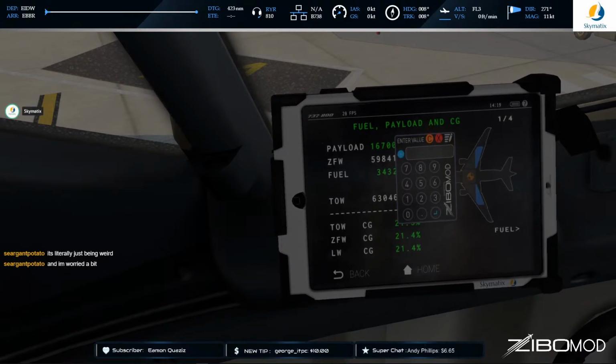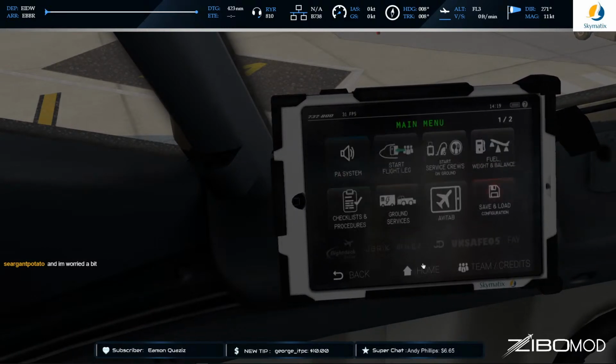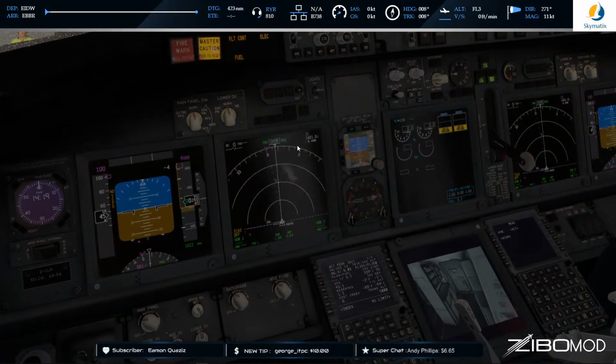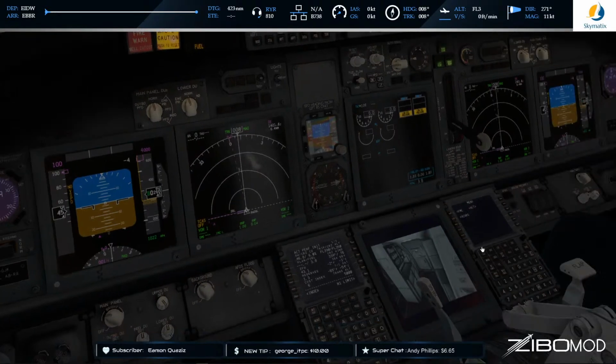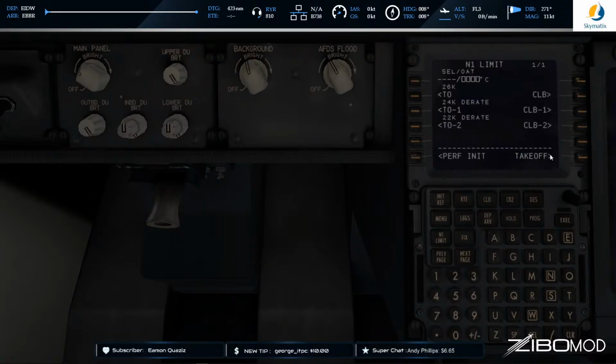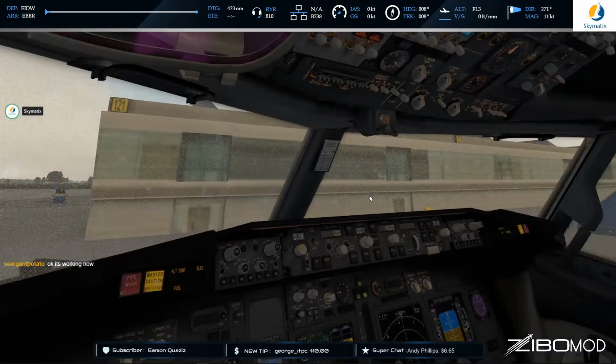Well, I hope for your sake it does not break. There's no point really in doing this now that I think about it. Let's wait for the fuel to go. Let's do the overheating while we wait.